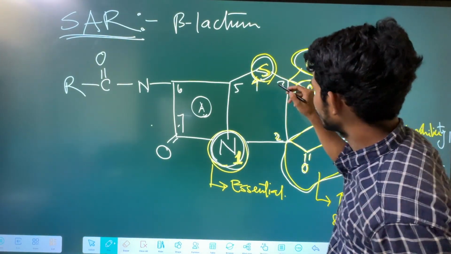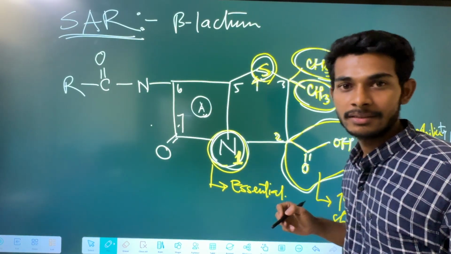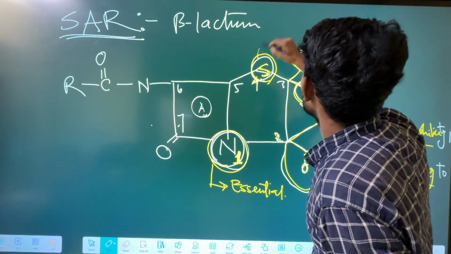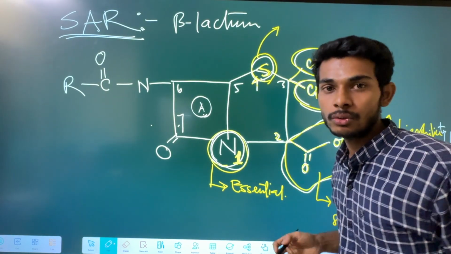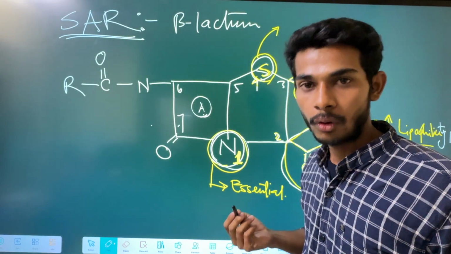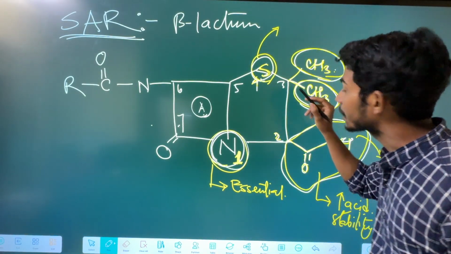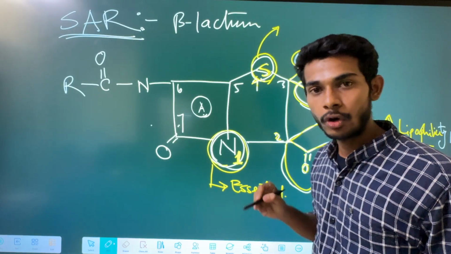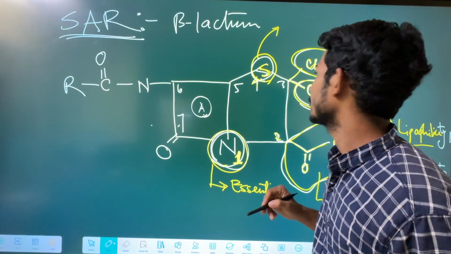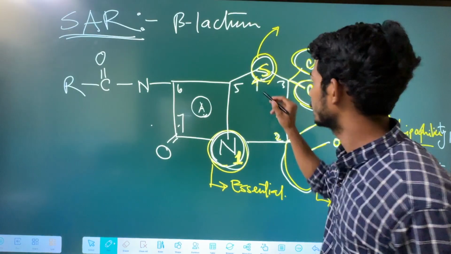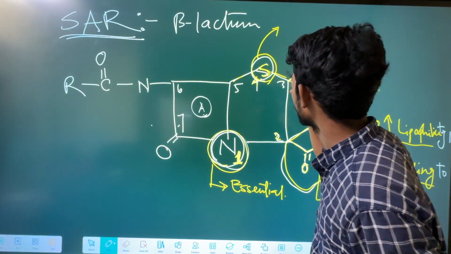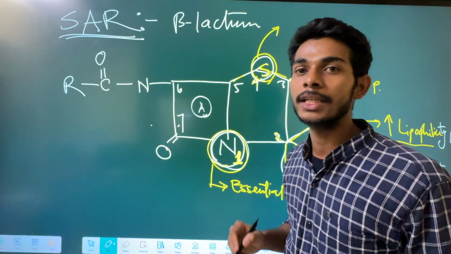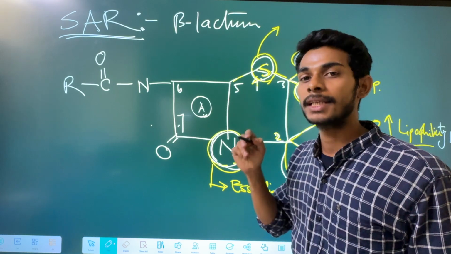But if this sulfur is oxidized into sulfone, or if you replace this sulfur with a methyl group or alkyl group or any other atom, like oxygen, which is also a double-bonded atom, it will decrease the stability and also the activity.